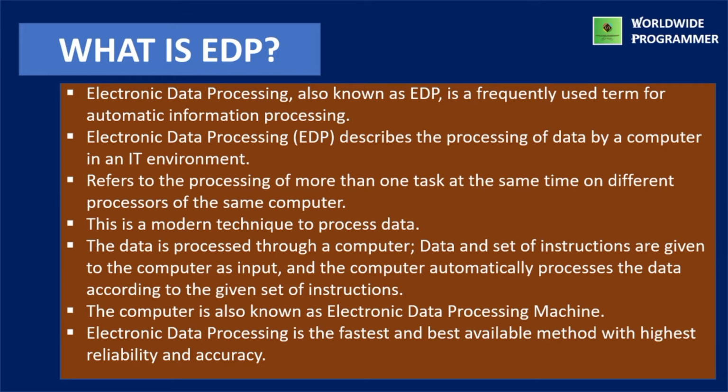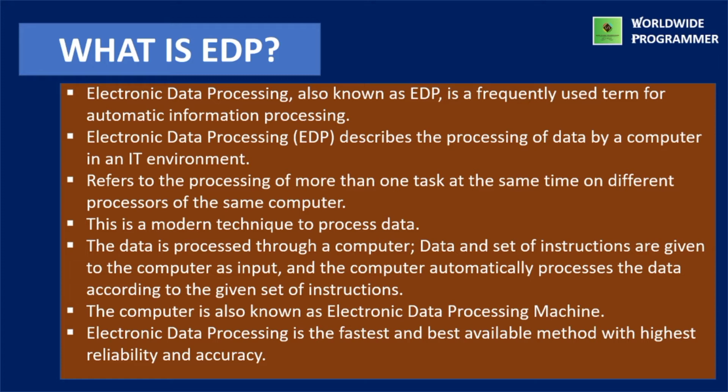Electronic data processing, also known as EDP, is a frequently used term for automatic information processing. Electronic data processing or EDP describes the processing of data by a computer in an IT environment. It refers to the processing of more than one task at the same time on different processors of the same computer. This is a modern technique to process data.